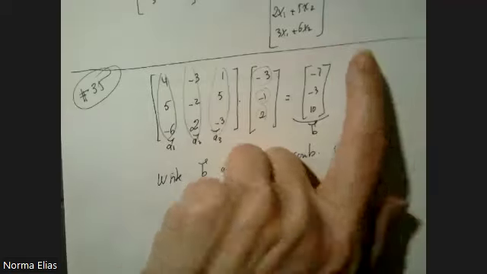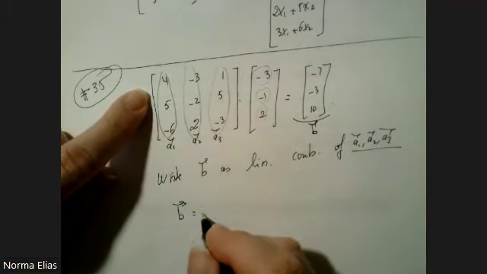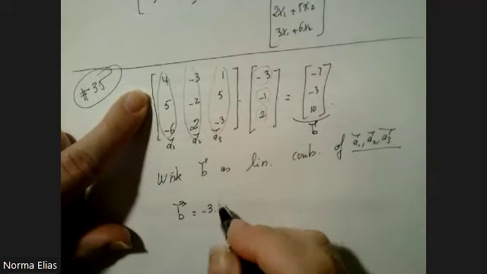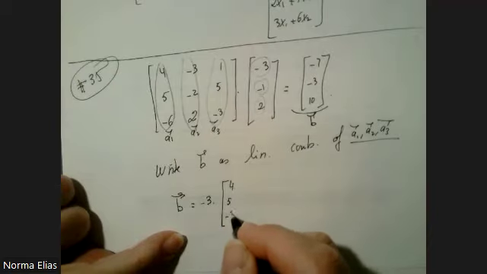So if this is equal to B, it means B, the vector to the right, is minus 3, the first entry of the vector, times (4, 5, minus 6).